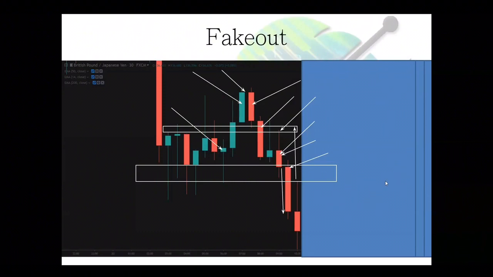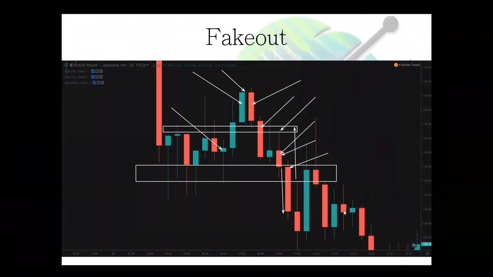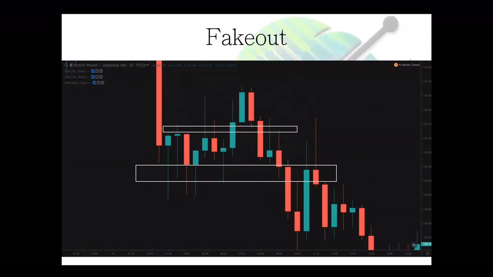Let's see what happens on the next ones here. Oh, kind of came up, and then further down. So these left big wicks and whatnot, and price did what it had to do. But we're just looking at this fake out that happened. It went to the upside, candle came back down in the range. Next candle did kind of like a retest. This one also tried to do a retest.